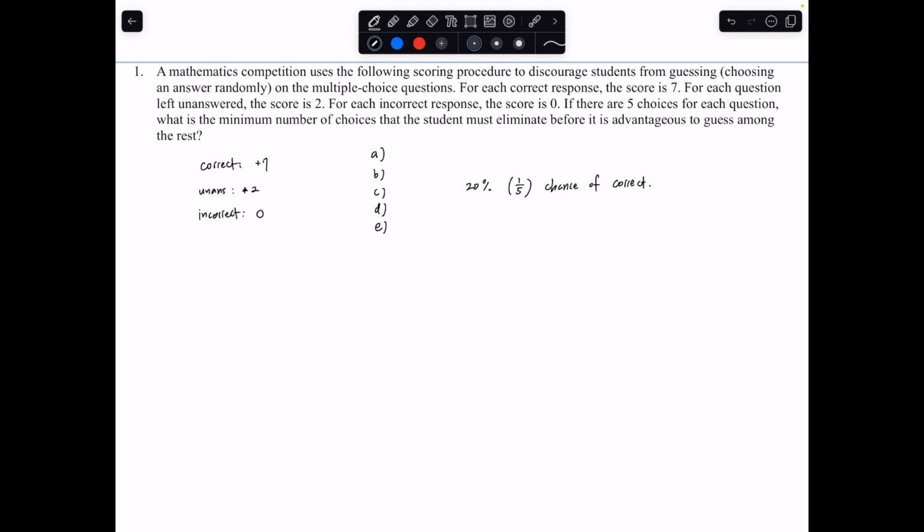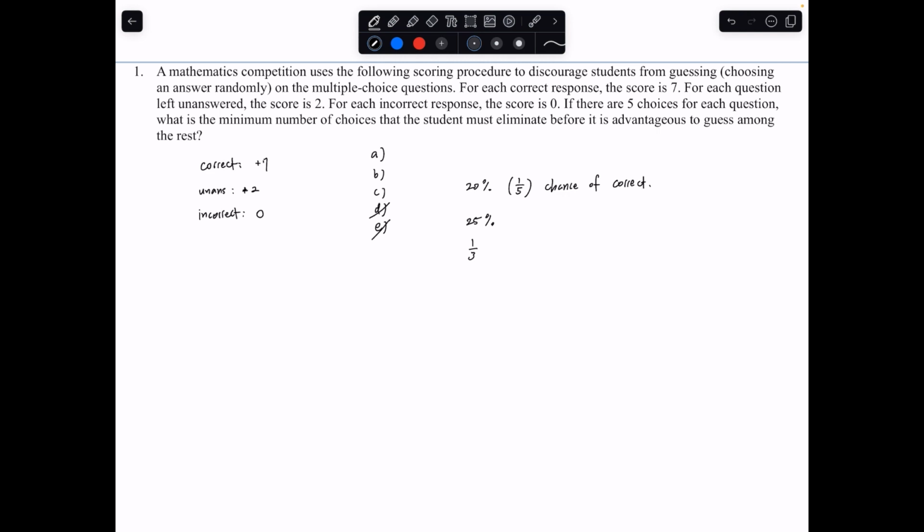Okay, and then if we eliminate one of the 5 answers, say choice E is definitely wrong, then our chances increase to 25%, right? And then if we eliminate one more, we get a 1/3, right? So our chances of guessing the correct answer increases.